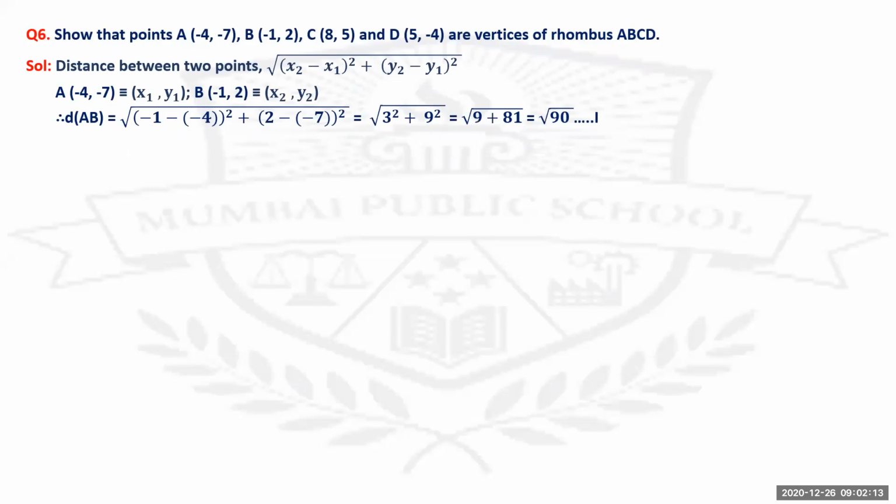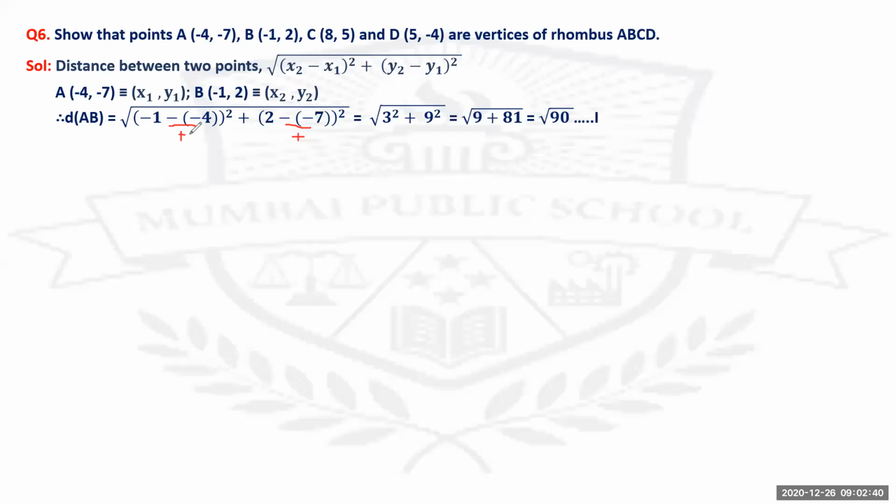Substituting the values, you'll get distance of AB equals under root of (-1 minus of -4) the whole square plus (2 minus of -7) the whole square. Now check, these two negative signs will be positive, and again these two negative signs would be positive.